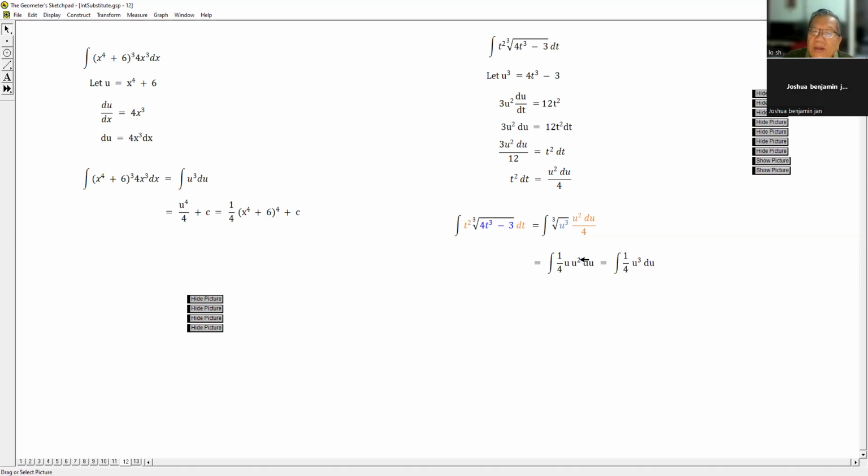So this one becomes u times u squared is u cubed, so it's 1 over 4 u cubed. So you know how to integrate u cubed. What is it?